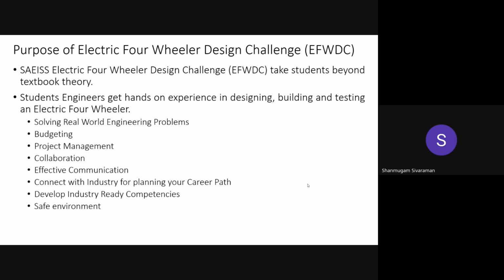Now, when we do all these things, we expect you to work in a safe environment. Please understand, this is not a Baja event. In Baja, it's a race. Our intention is different, because we don't want to put student engineers in an unsafe environment. Your education is supported by your parents.